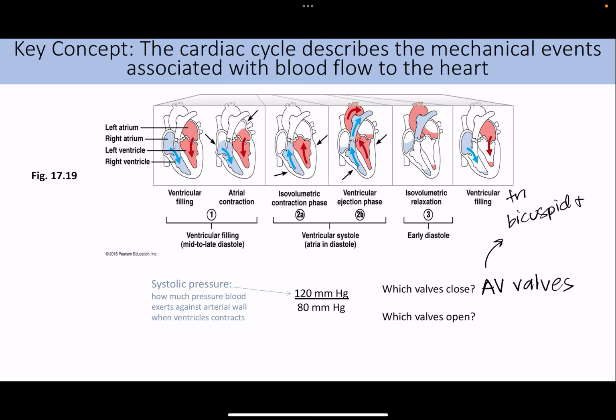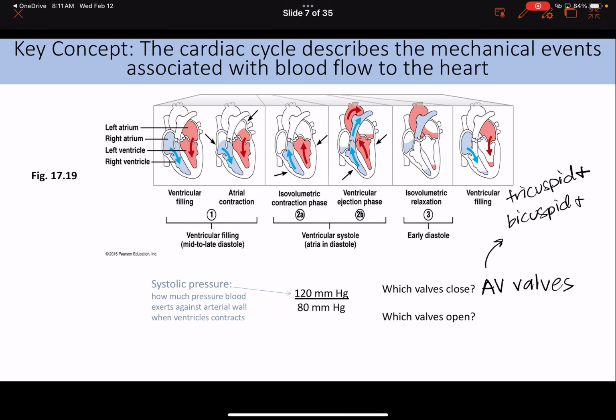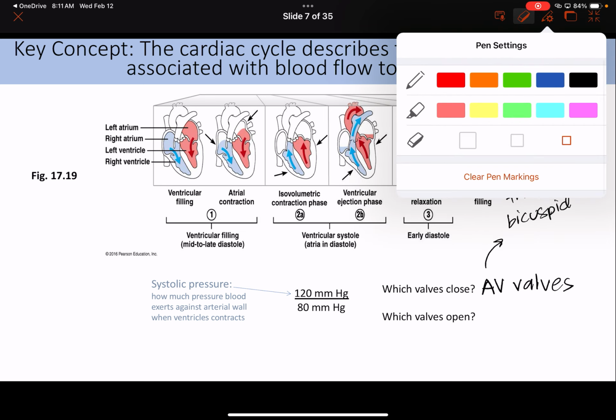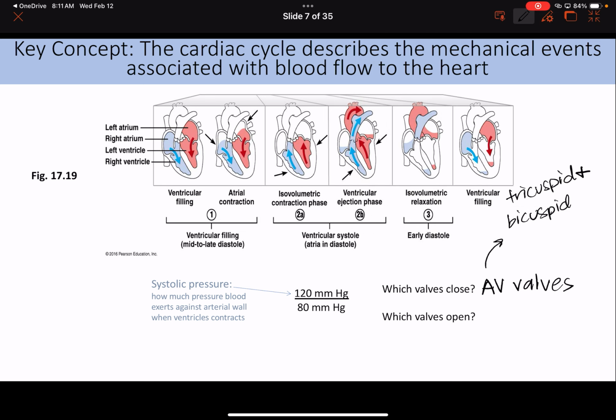Or I'll say tricuspid and bicuspid, so I say it in order. And so the valves that are going to be open are these semilunar valves. Those are the valves that need to be open for ejection.